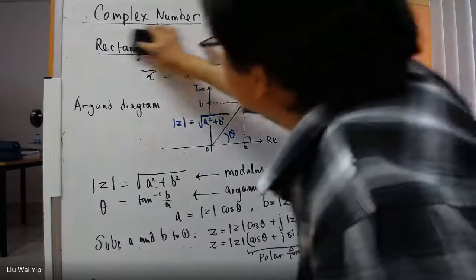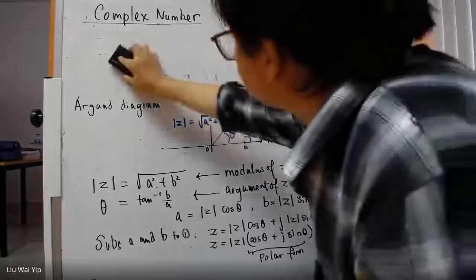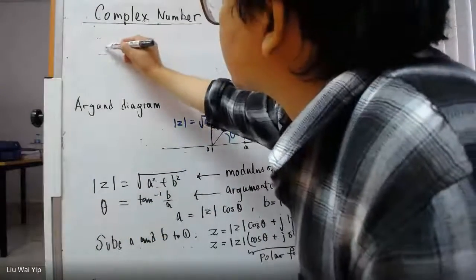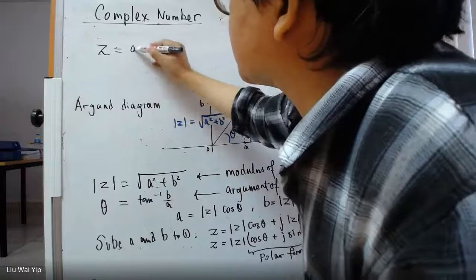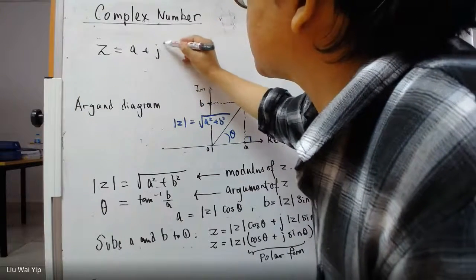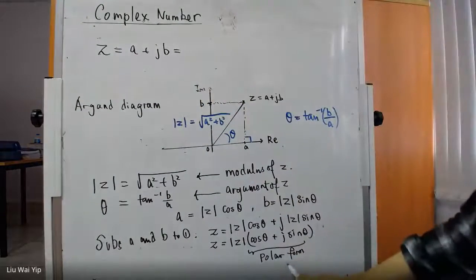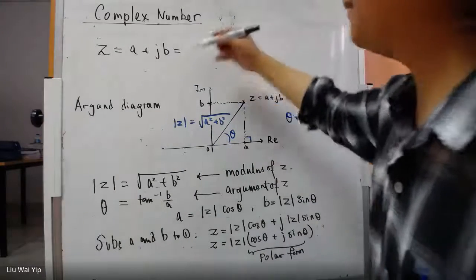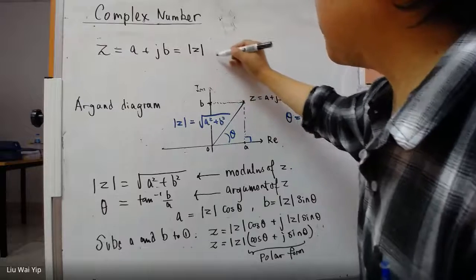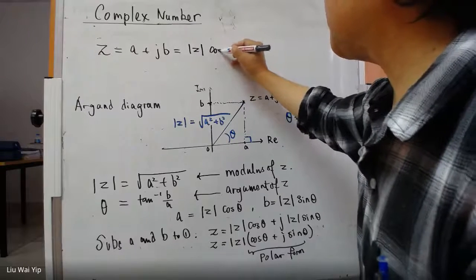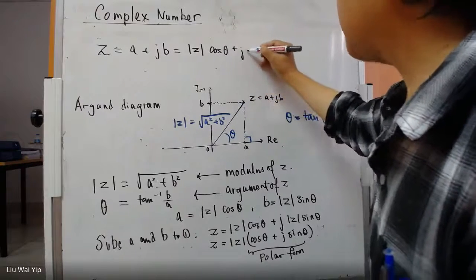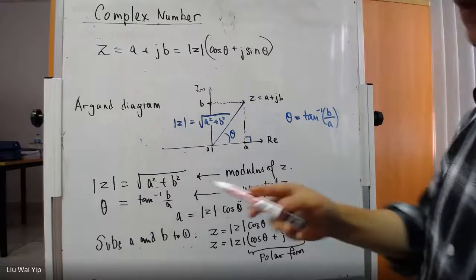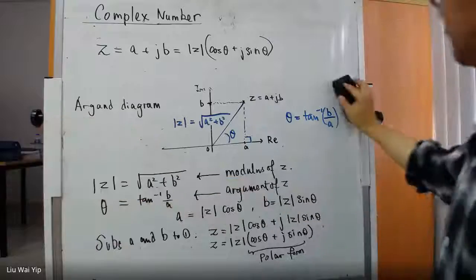We have learned the rectangular coordinates, and we have also learned the polar expression of Z. But is it enough? The answer is no.